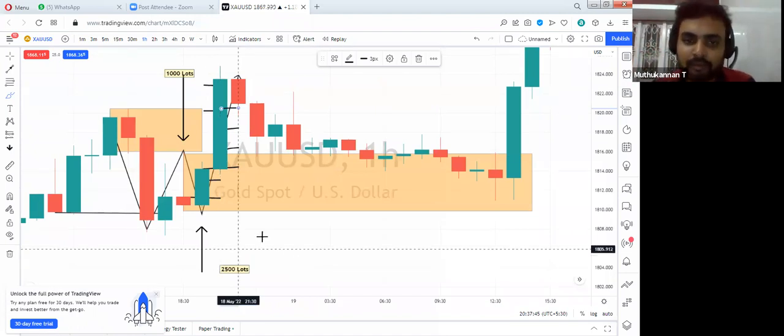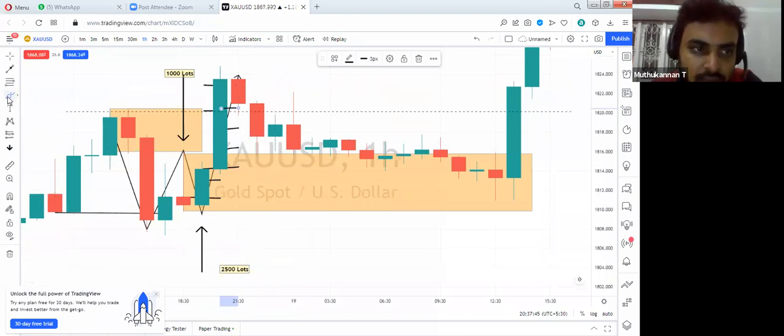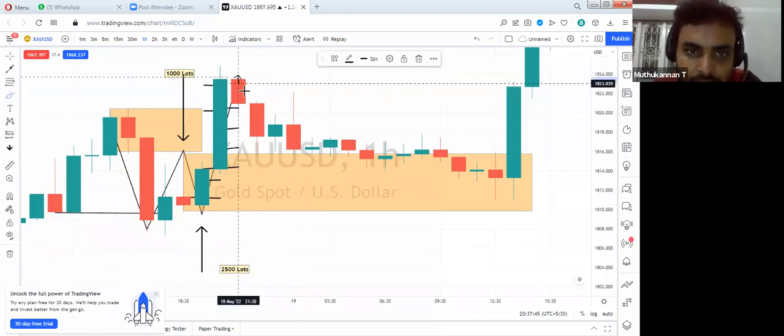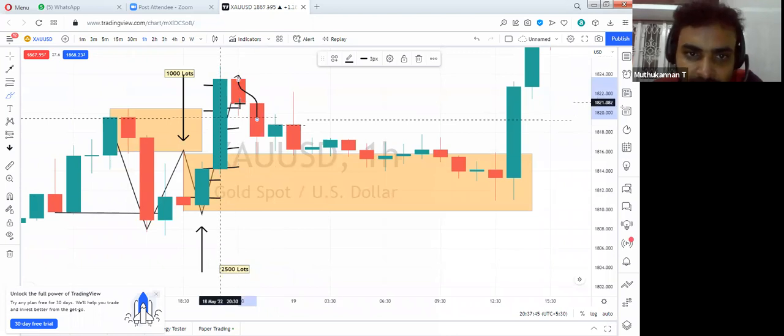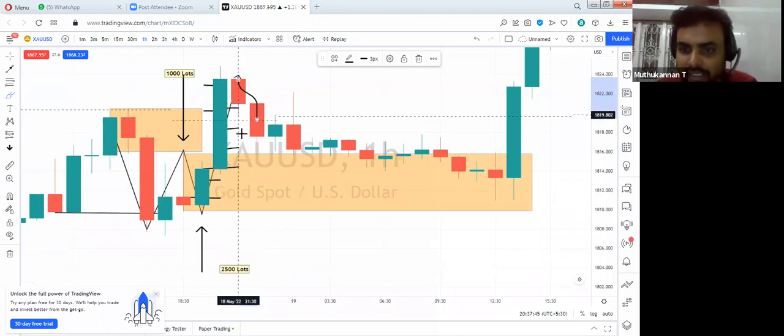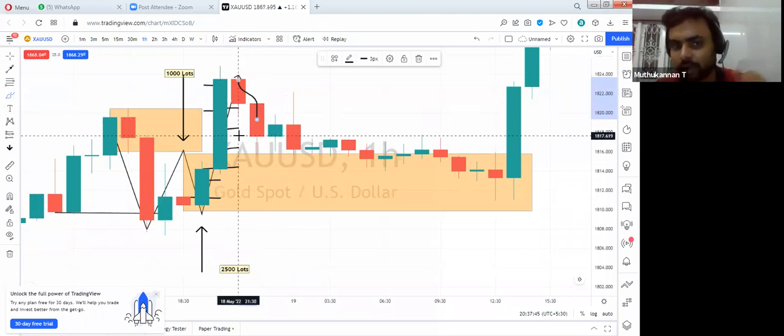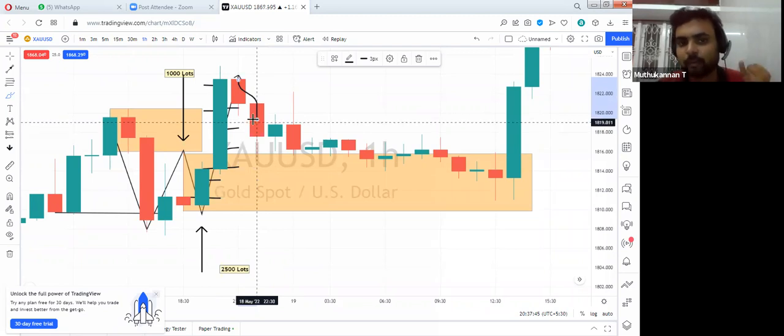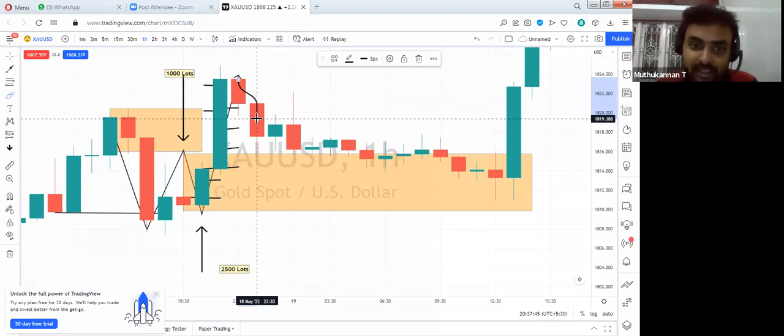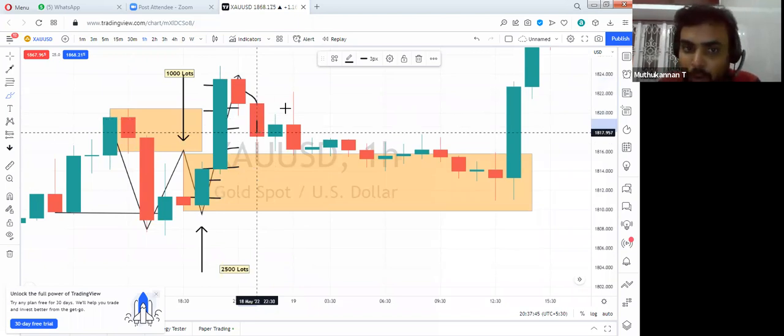So smart money is bringing the price down by taking their stop losses first. If they put stop losses, they're taking their stop losses. If they don't put stop losses, then they're taking the entire capital. The account will be blown.